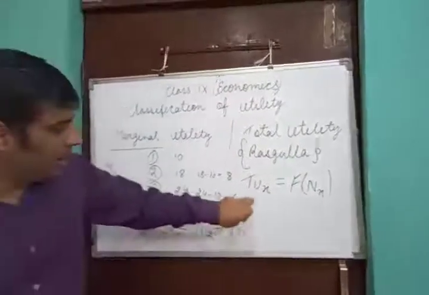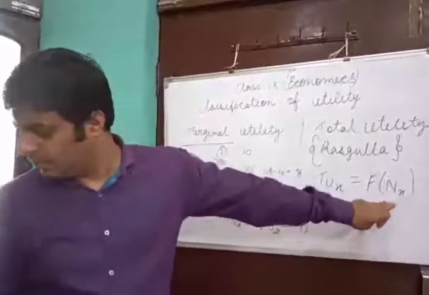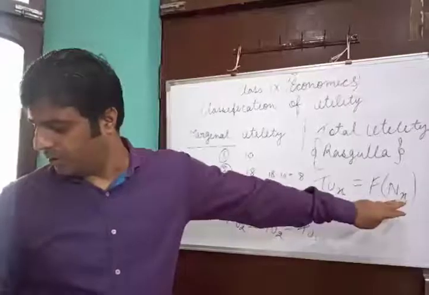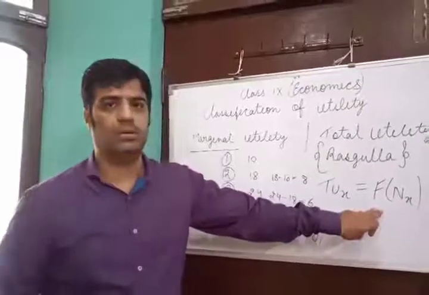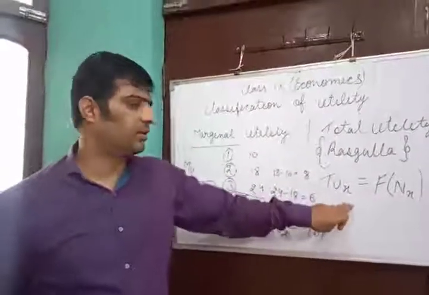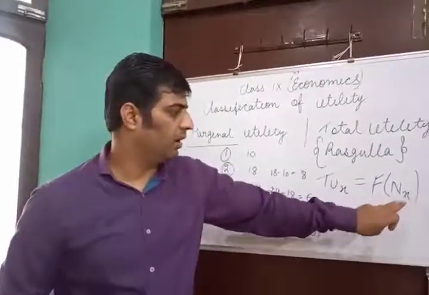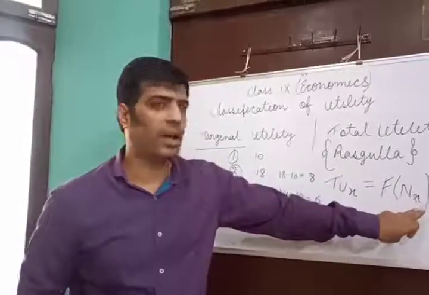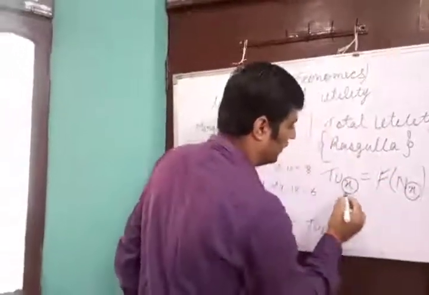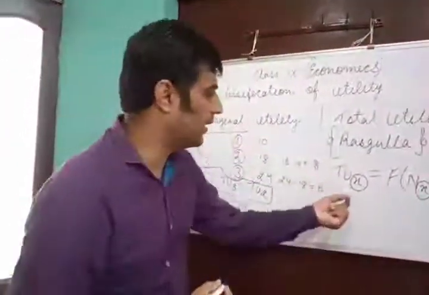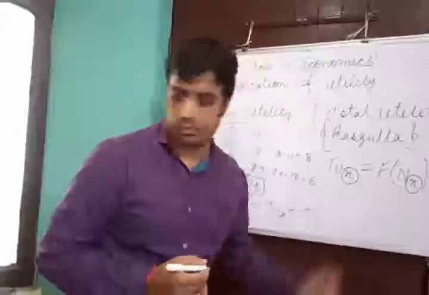It means total utility of X commodity is equal to a function of the number of units of X commodity. F denotes function, TUX denotes total utility of X commodity, and NX denotes number of units of X commodity. X is a type of commodity; it can be chapati, rasgulla, or any other item which a person is consuming.